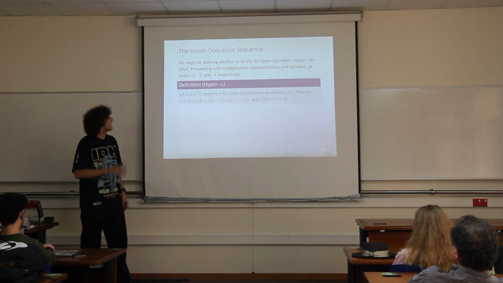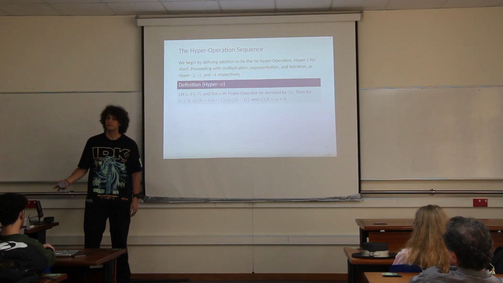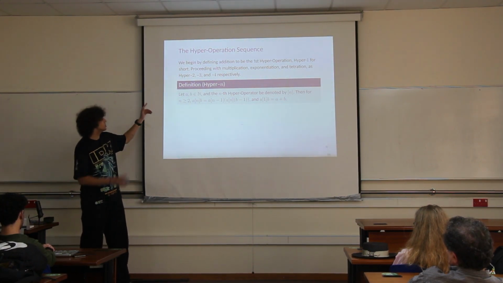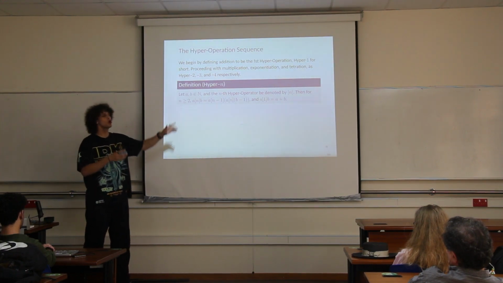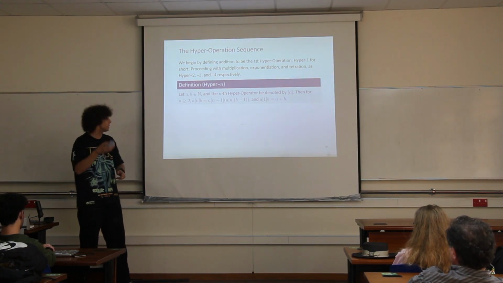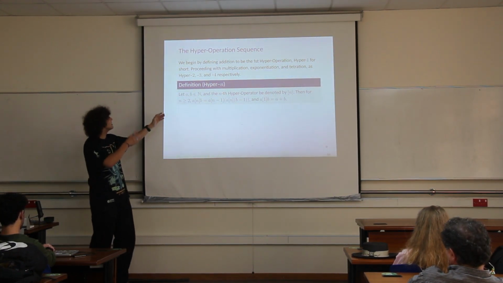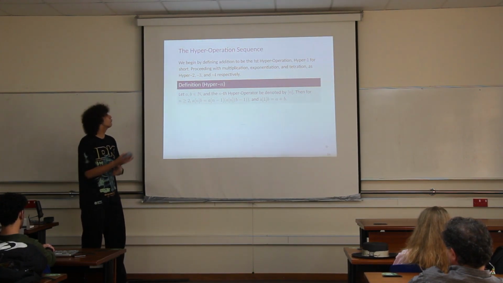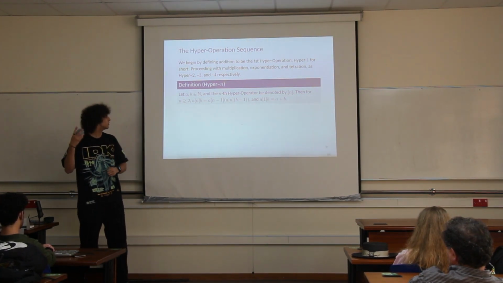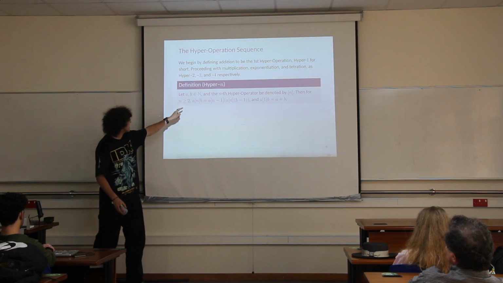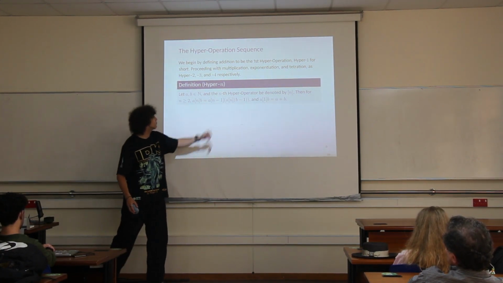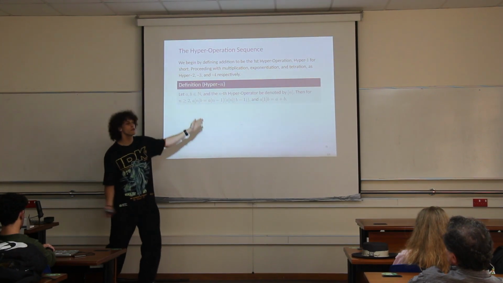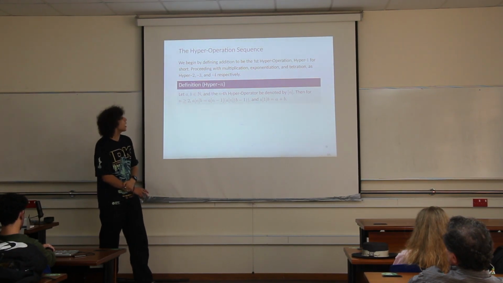We can then define hyper n in the following way. For any 2 natural numbers a and b, the nth hyperoperator, which we'll denote as the letter n in square brackets, then for n greater than or equal to 2, so for the second hyperoperator or greater, we can define a hyper n b as this recursive relation, where we define it in terms of the previous hyperoperation.